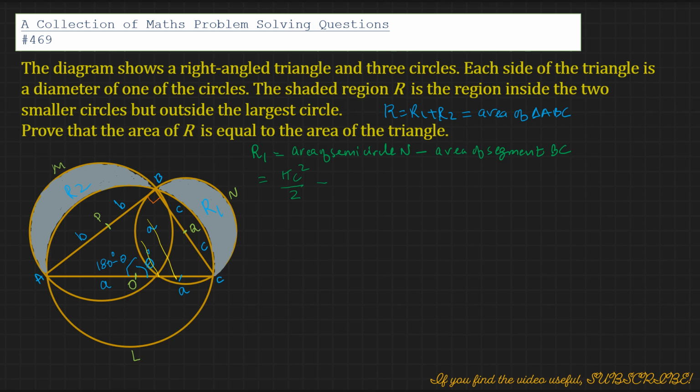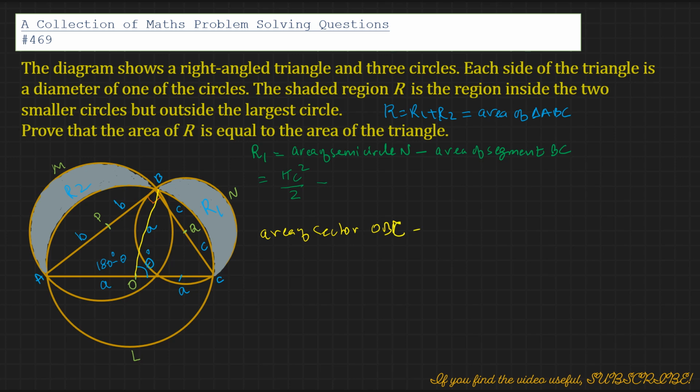Sorry, this line drawing went away. So line again. Yeah. And then that's done. So then minus, area of the sector OBC.